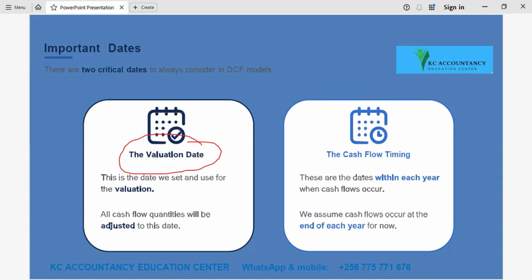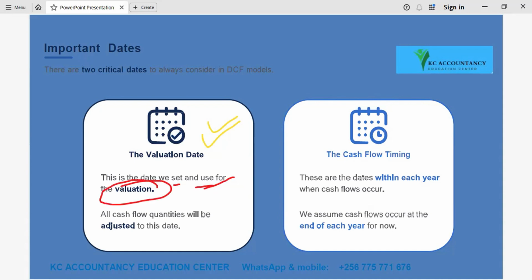But now, let's look at this valuation date. This is the date that we set and we only use it for valuation.